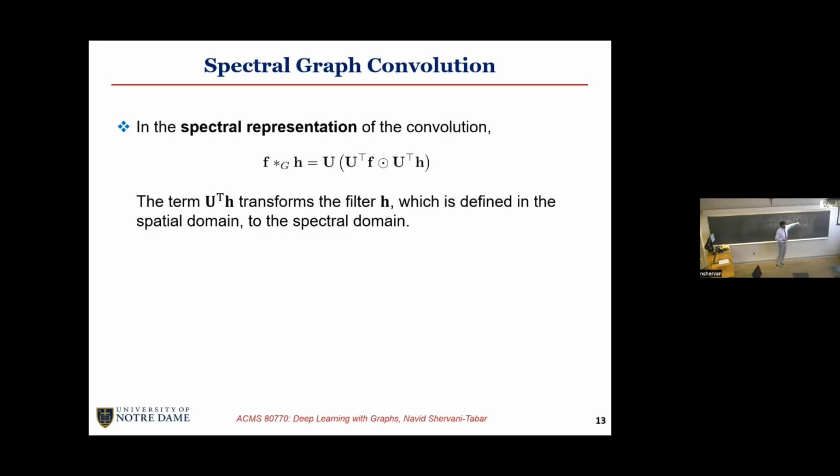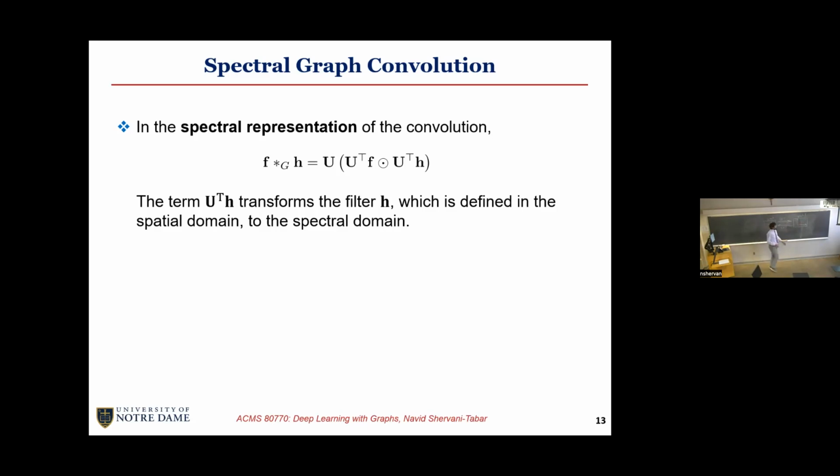Over there, we just do an element-wise product of those two vectors. And then using U, we bring the convolved signal back to the spatial domain, right? So we do the convolution in the spectral domain and take it back to the spatial domain so that you can see it.